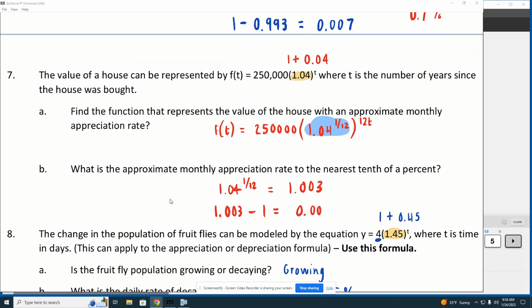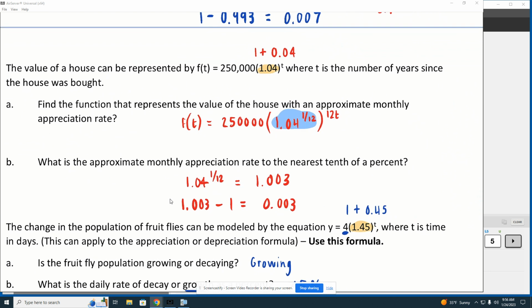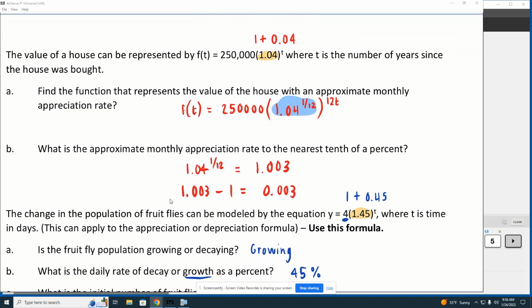So what is my monthly appreciation percentage? 0.3%. Remember, we moved that decimal 2 to the right, and that tells me my monthly is 0.3%.